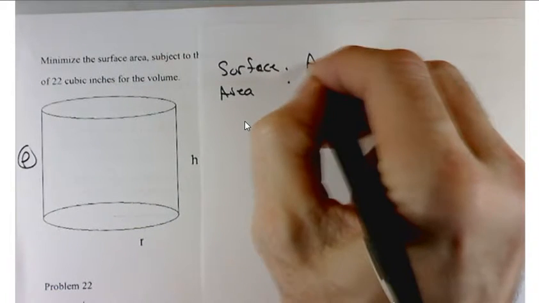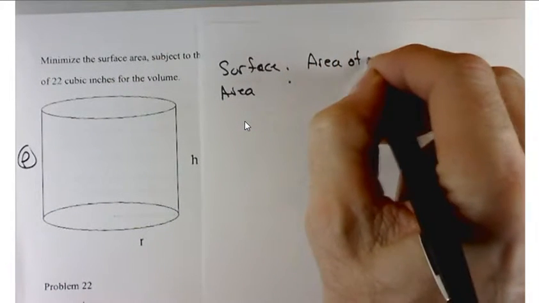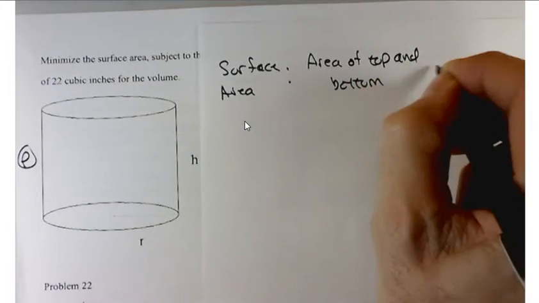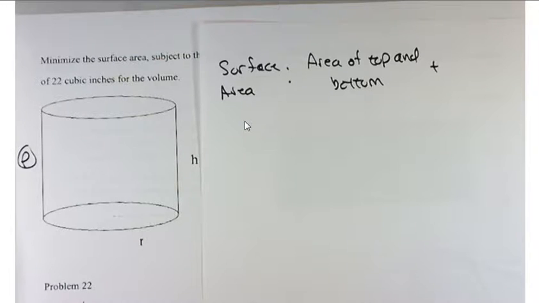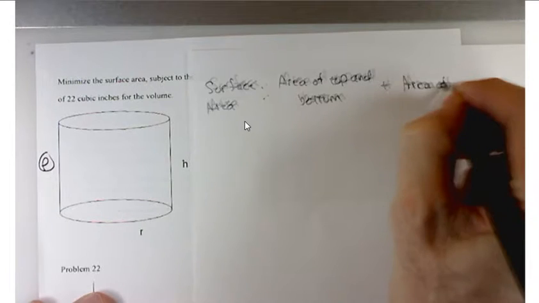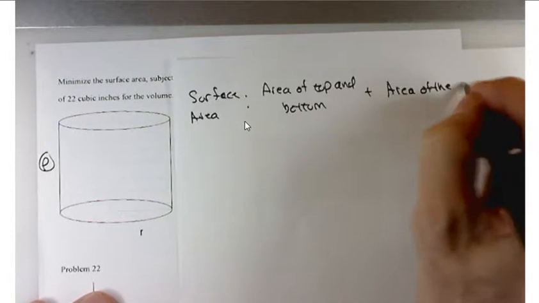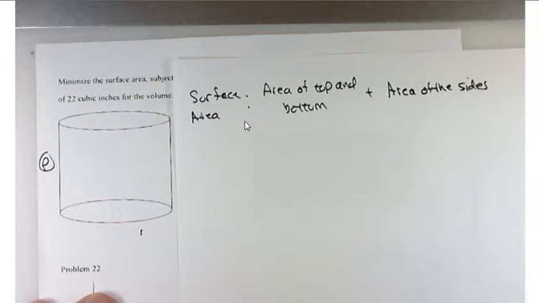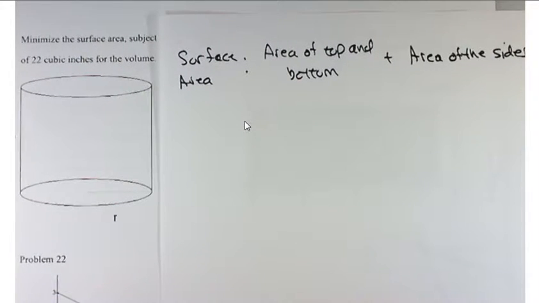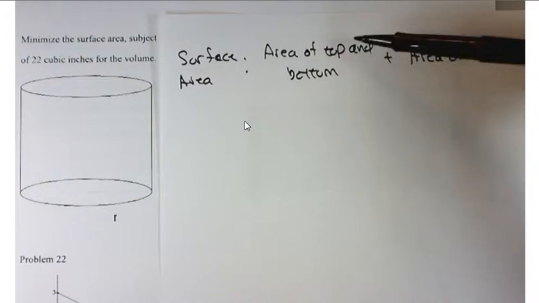So area of top and bottom. What else should we account for when we're calculating the surface area of this can? Area of the sides, right? All right, so the area of the sides. Well, this should probably be singular, side. This is really just one, but in any case, let's start with the easier of these two. What's the area of the top and bottom?